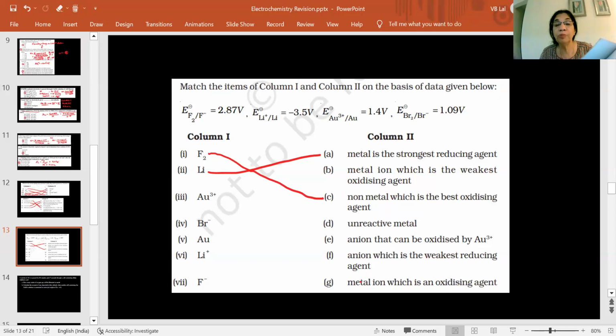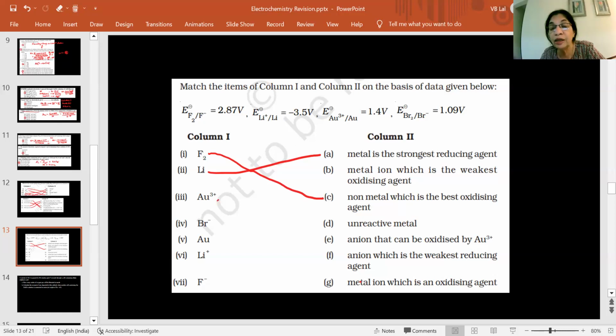Then Au3+. Okay, so Au3+ should be an unreactive metal, I think. Maybe let us leave it for the time being. It also has a reduction potential which is positive.